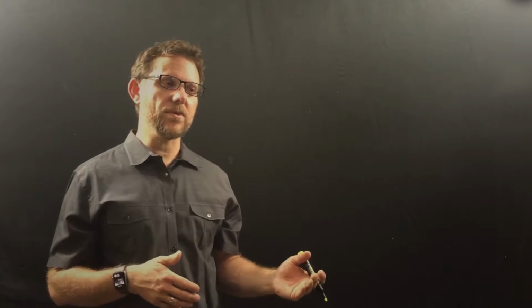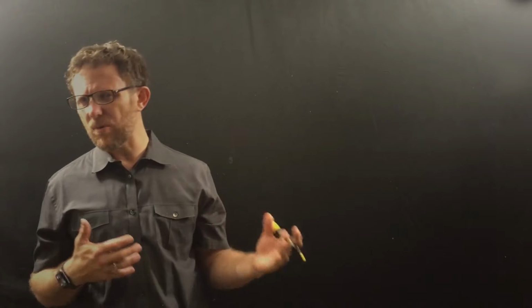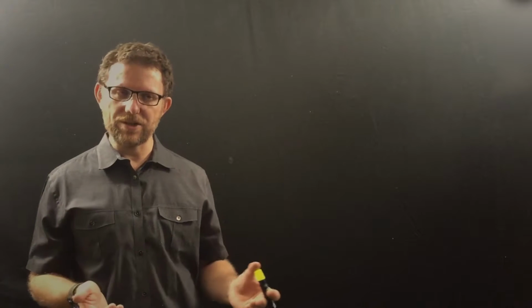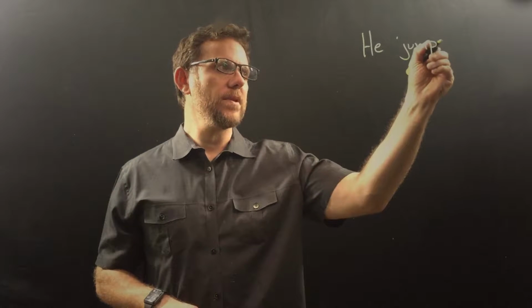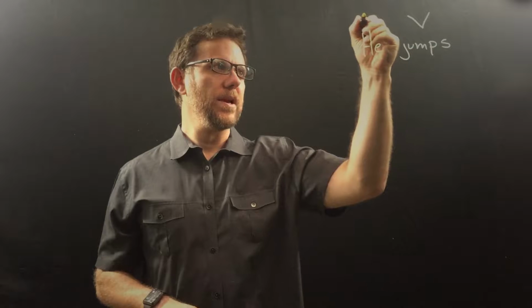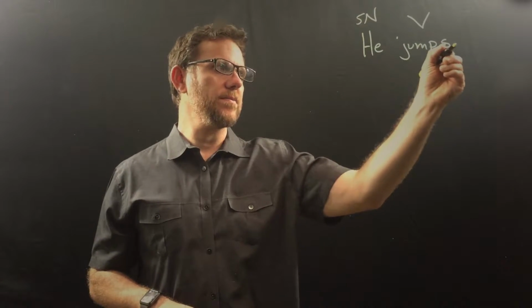Now, the thing that makes Latin verbs so interesting but also somewhat frustrating is the fact that they change their endings all the time. We call that inflection. Now, English verbs are also inflected, but they're not as inflected as Latin verbs. So, for instance, if I write the sentence, he jumps on the board, here's my verb, and here's my subject.